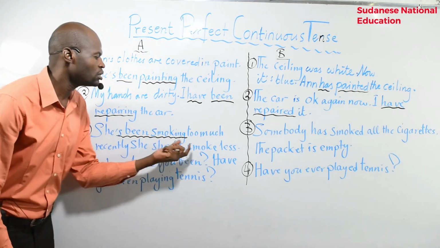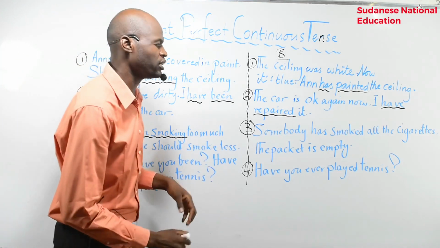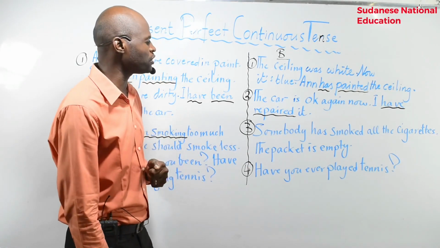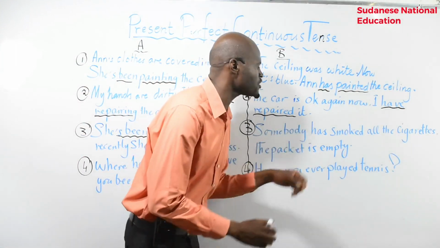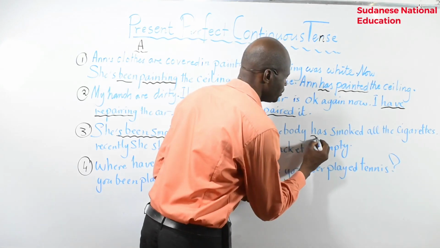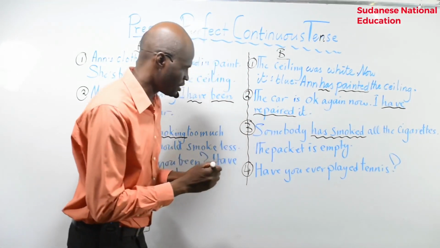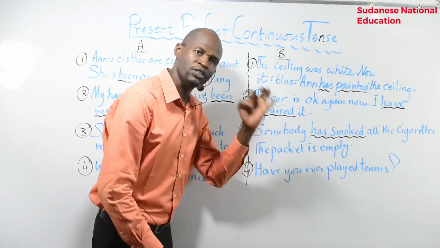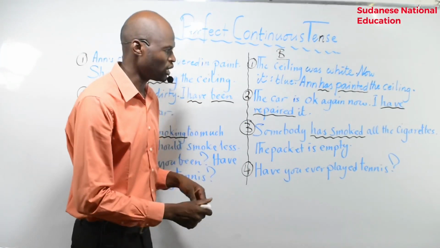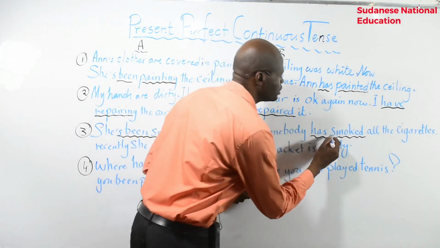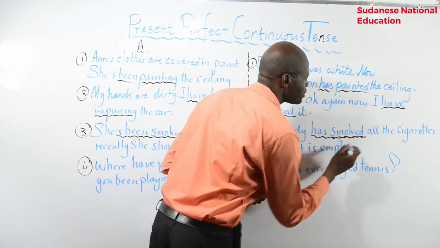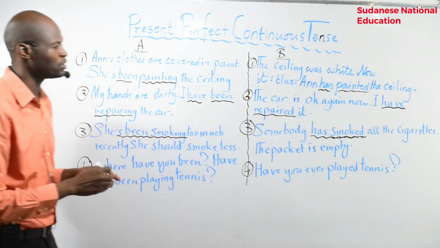But in number two, using present perfect, somebody has smoked all the cigarettes. The pocket is empty. The action is a complete action. Because of that, we use present perfect.